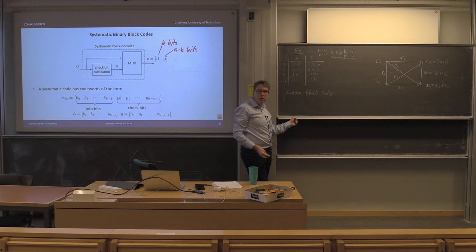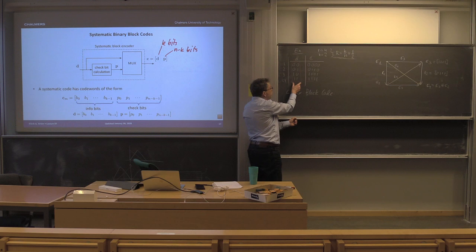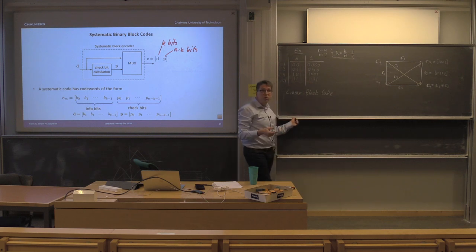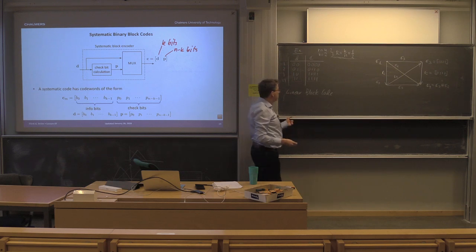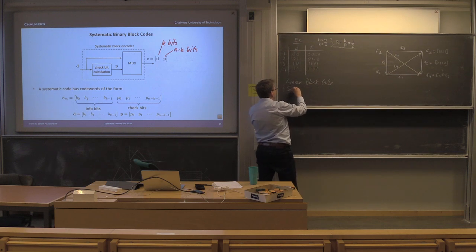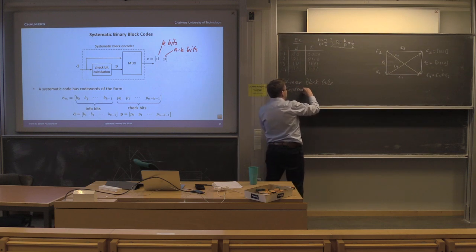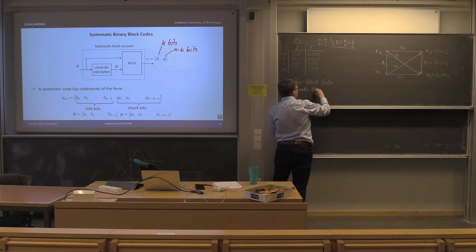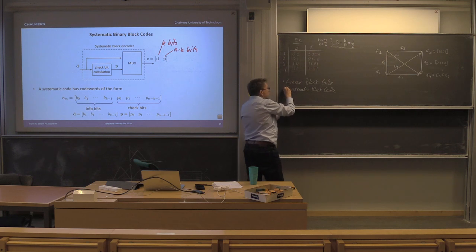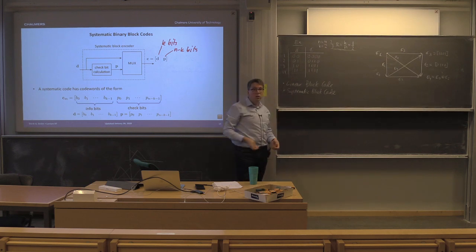You see that? So this is a systematic code, where the input, in this case the two input bits, are the first two bits of the code word. So this code, this mapping that I just invented, had these two nice properties. It's linear and it's also systematic.